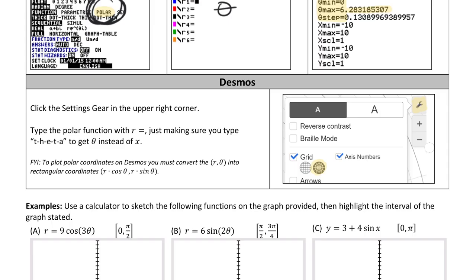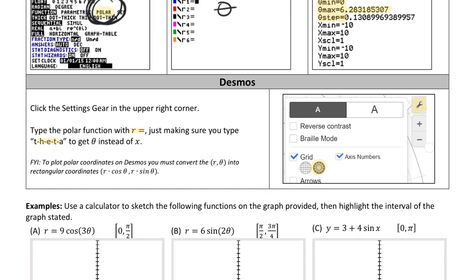The only caveat is that you have to type r equals, or else it will graph a rectangular function if you type y equals. So you need to type r equals and you have to type theta instead of x. But all you have to do to get a theta is type theta and it will automatically change to a theta. It's programmed to do so. And then you will get the polar function in Desmos.